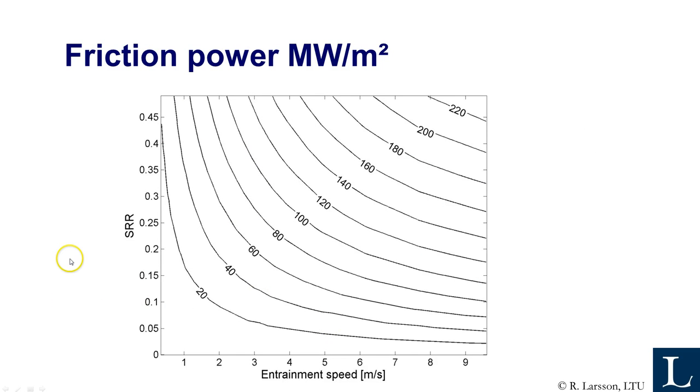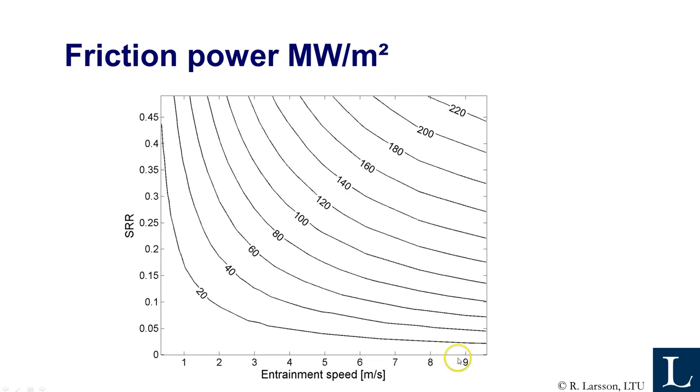Just to finish here now, a funny thing, or maybe something to think about. Friction coefficient is one thing, but it's the friction power we want to reduce. So even if the friction coefficient is pretty low up here in the corner, we should remember that the friction power is the product of the friction force and the speed.